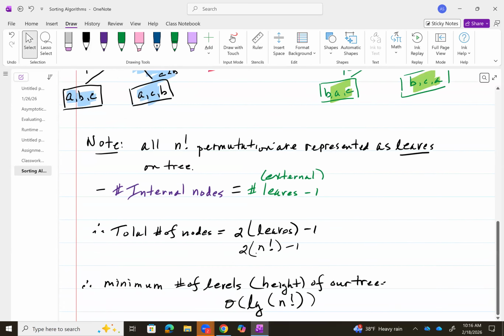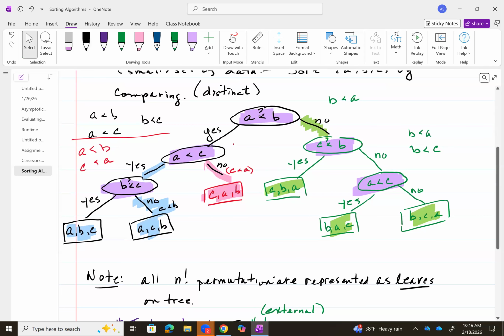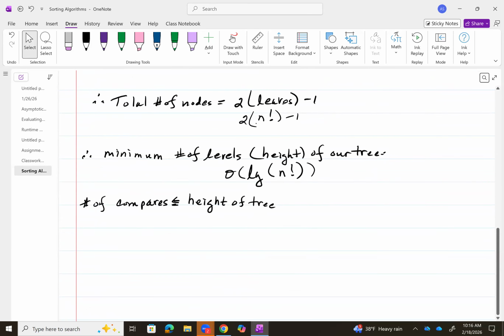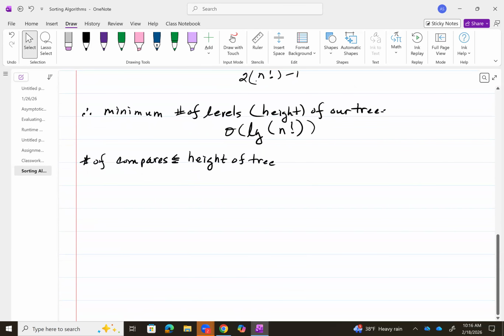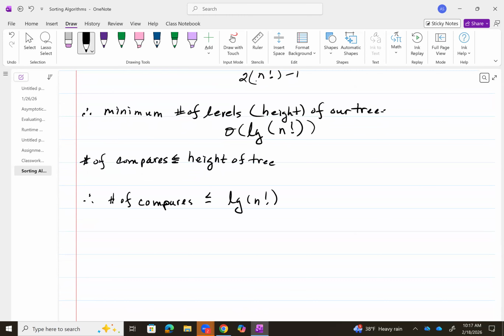I mean, we got out fast on a couple of them. We got out fast on ABC and CAB. No, we got out the way we asked. We got out fast on CAB and CBA. So therefore, the number of comparisons is less than or equal to the log of n factorial. We're almost there.